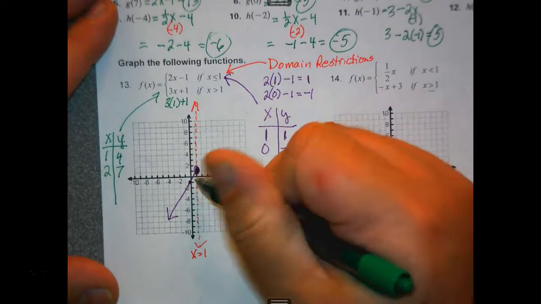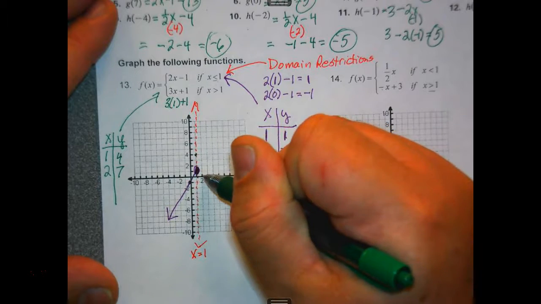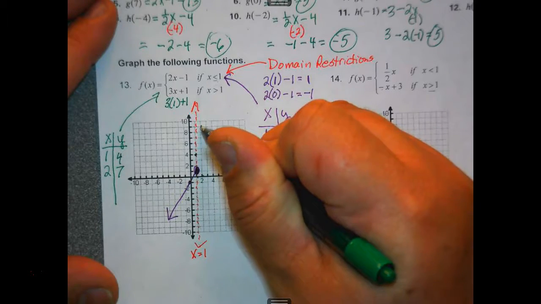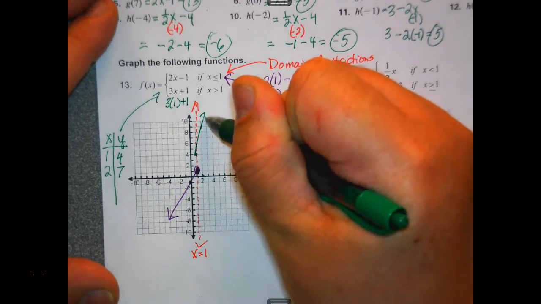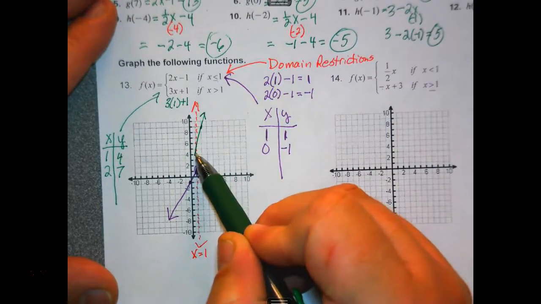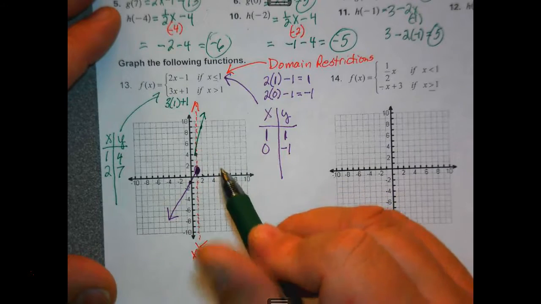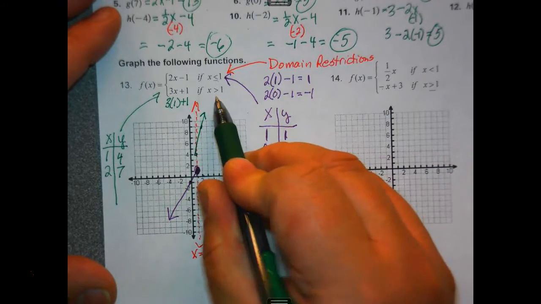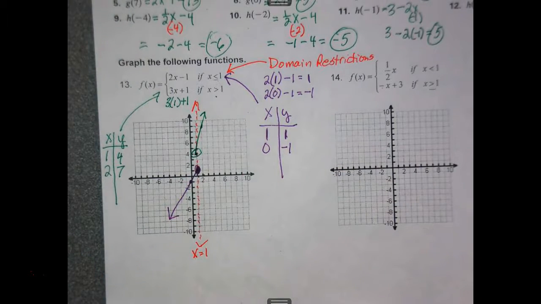So I have 1, 4 and 2, 7. There's my line. Now, at the point 1, 4, do I have an open circle or a closed circle? Open, because there's no equal sign in my inequality. And I'm done.